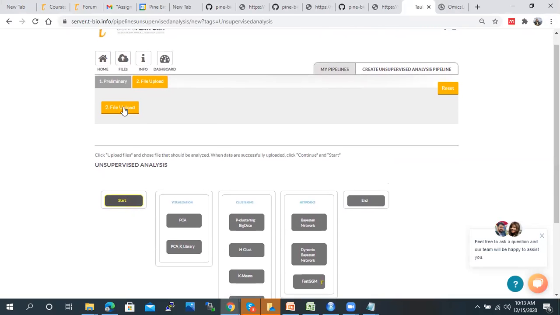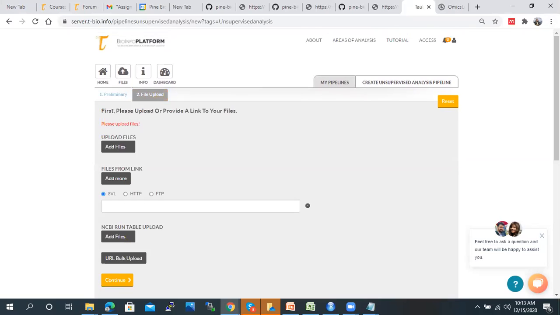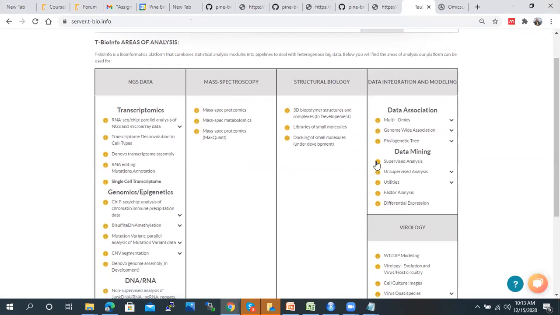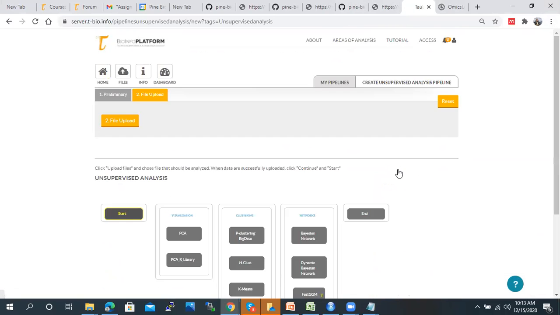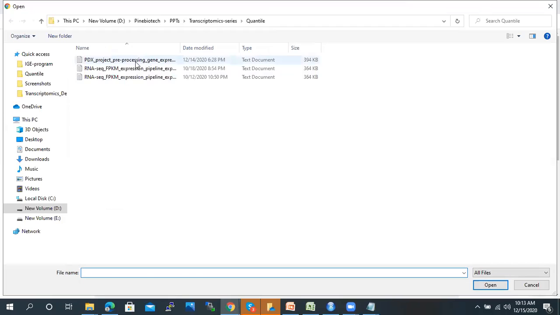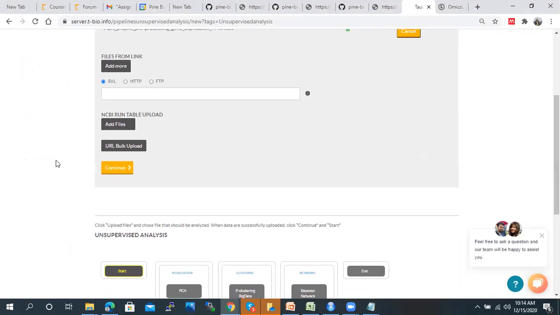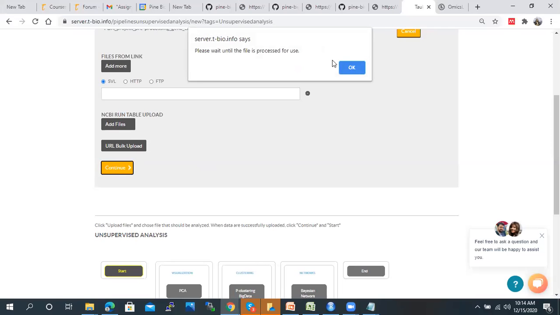I can just show you. If you select unsupervised machine learning and provide the same gene expression data, this is another method. It is the same thing, only here you need not draw the plot yourself. Then you can continue.